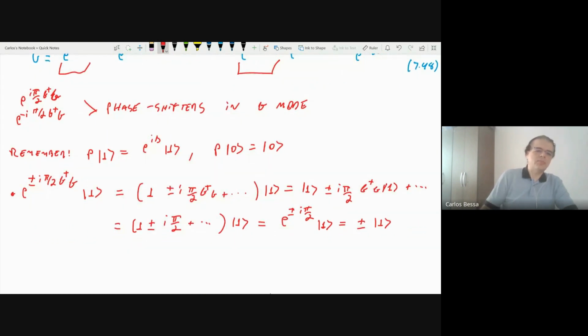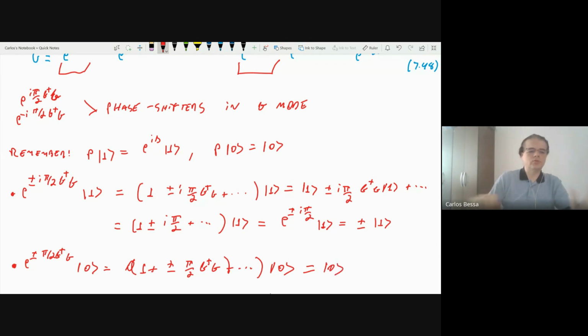In the end, exponential of i plus minus pi over 2 contributes only with a phase. Now applied to the vacuum, the state is pi over 2 b dagger b applied to the vacuum. When you make this expansion, b applied to 0 is 0, so the expansion is 1 plus minus pi over 2 b dagger b, higher order terms, applied to 0. Only the first term remains, so it does nothing to the vacuum.